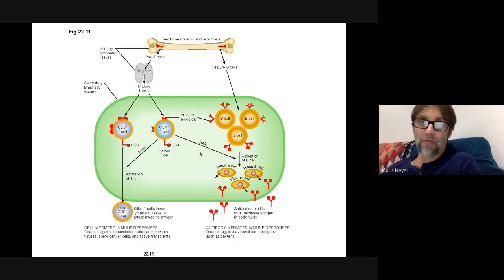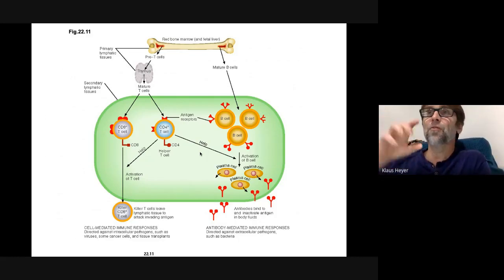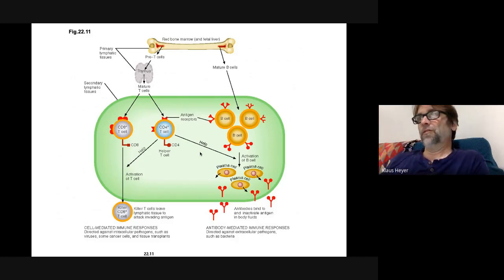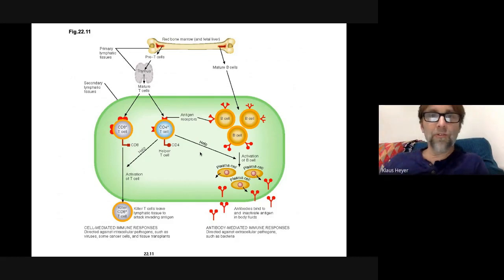It tried to start another war. But as soon as it got in your body, those memory B cells and memory T cells took it out. They're just like, hell no, I remember this. I remember this from like 2 weeks ago.